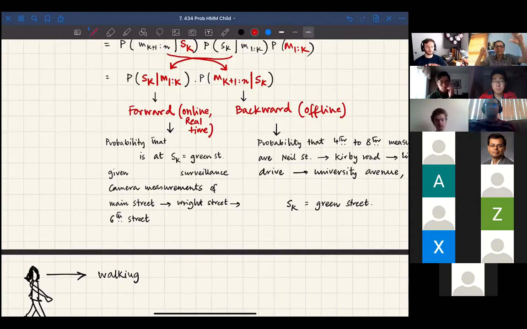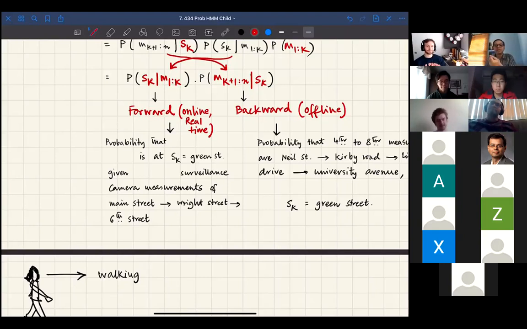You've gotten to see the murder suspect's car from some surveillance cameras at some time points in the past, and you're trying to figure out where is the murder suspect likely to be at this time. Okay. So, or where was the murder suspect at the time of the murder? Maybe that's the other question, because you have data from surveillance cameras for the whole day and the murder happened at 3 p.m. That's weird because it's happening in broad daylight.